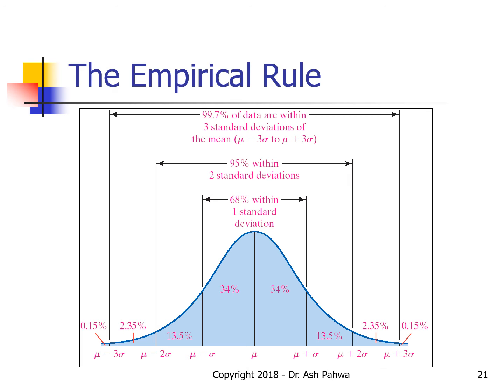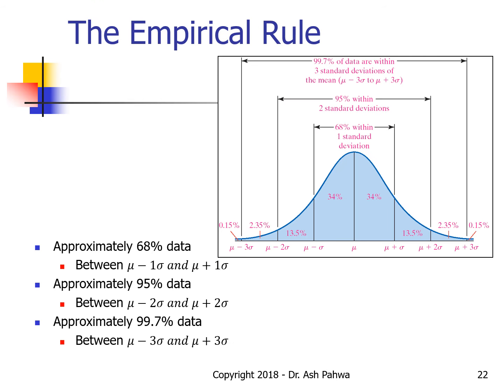as the empirical rule. So in this empirical rule, we have almost 68% of the data between mu minus 1 sigma to mu plus 1 sigma. And 95% of the data is between mu minus 2 sigma to mu plus 2 sigma.